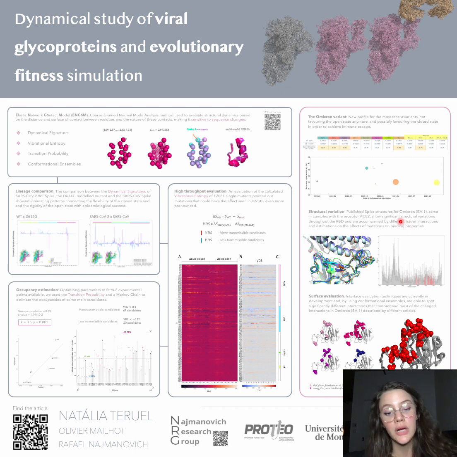So in order to overcome that, we decided to work with the conformational ensembles that ENCoM is able to produce for us. So here we have, for example, one of the preliminary results for the BA.1, which is called Omicron, one of the Omicron, the original Omicron. And here we have the positions that had differences in interactions for the receptor binding domain for each one of those four references, for example.